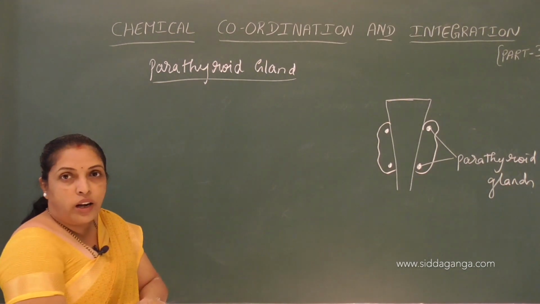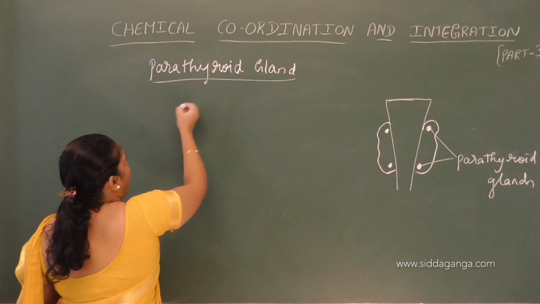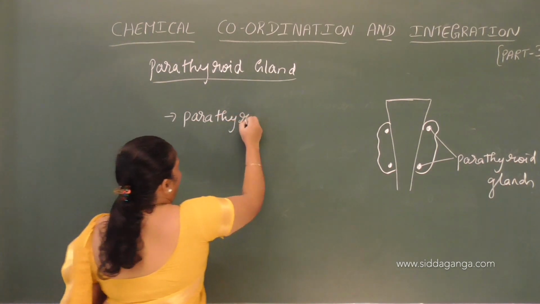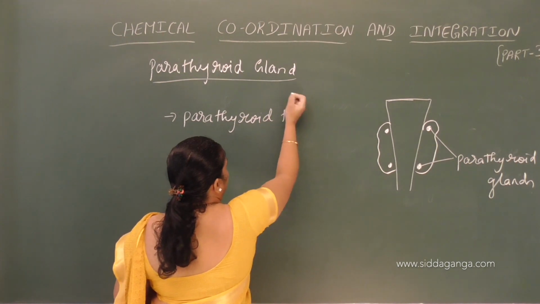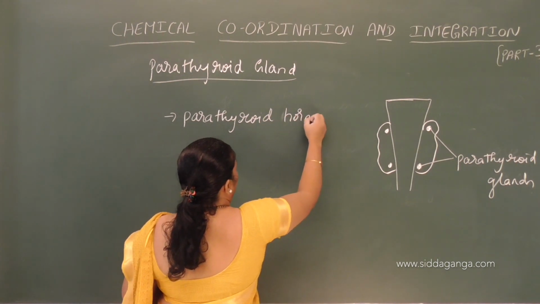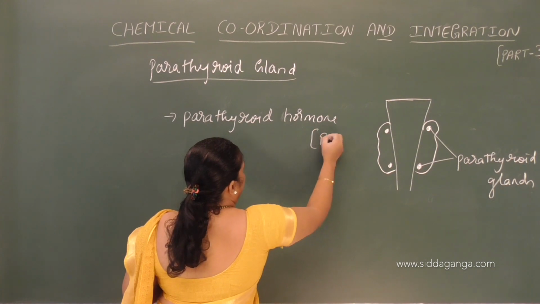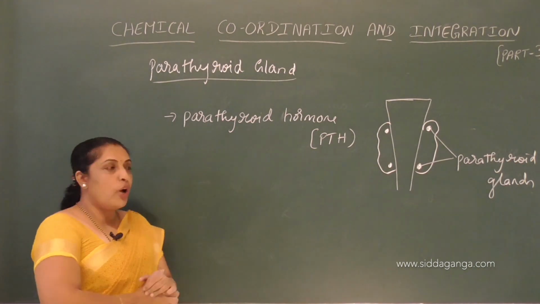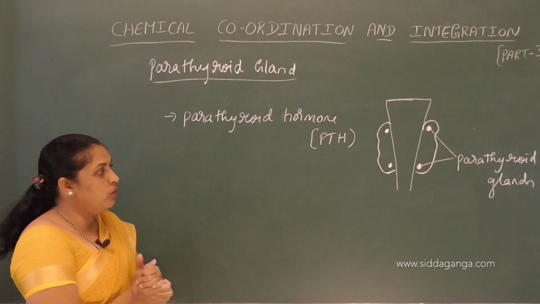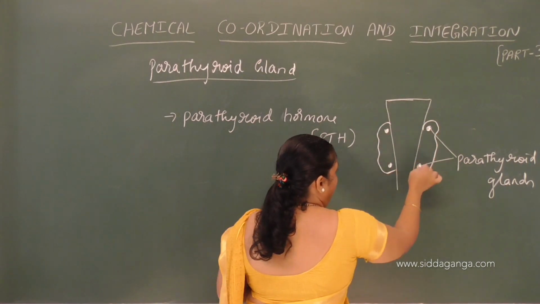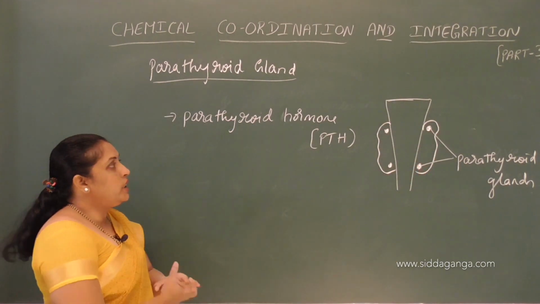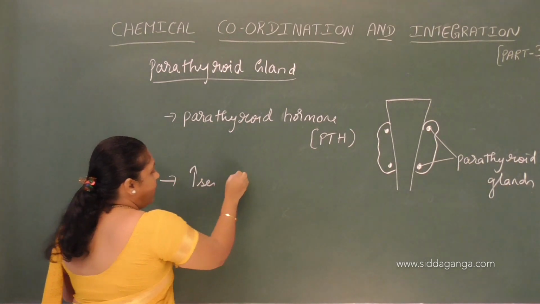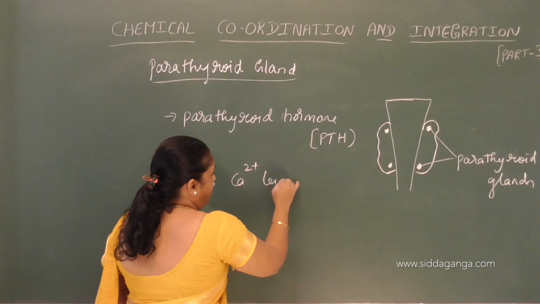These parathyroid glands produce a peptide hormone called parathyroid hormone, PTH. The parathyroid glands are 4 in number, and this hormone increases calcium level in blood.